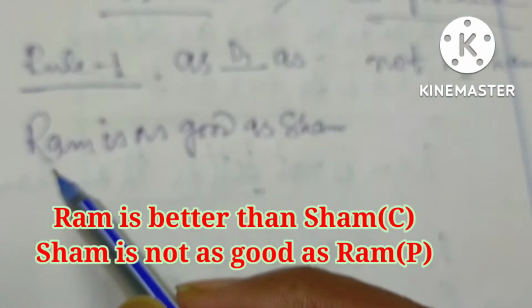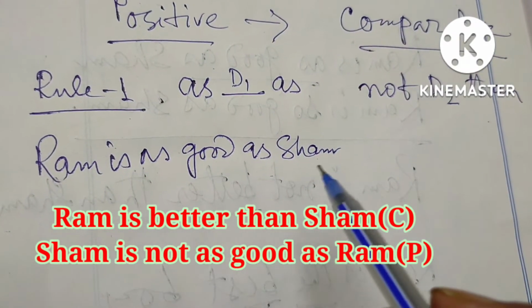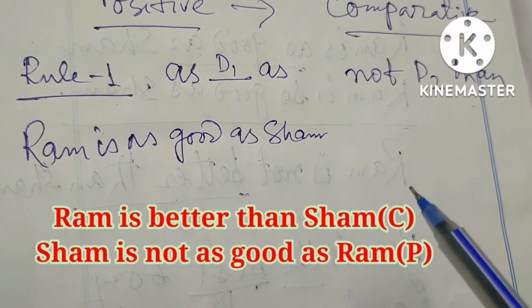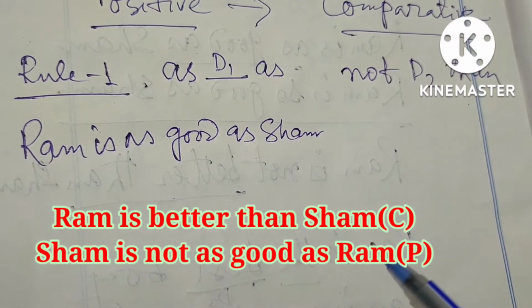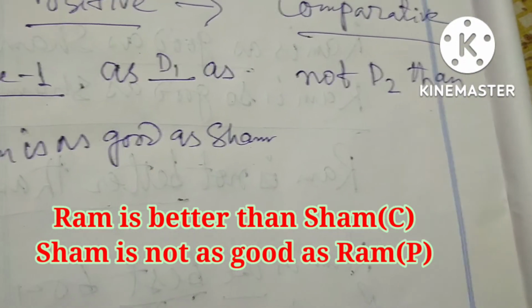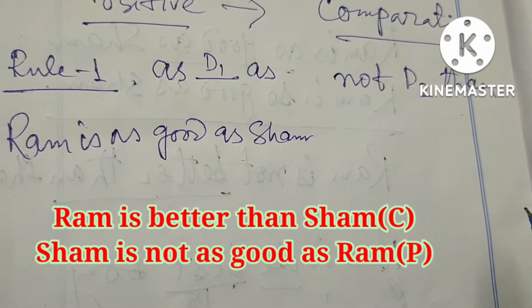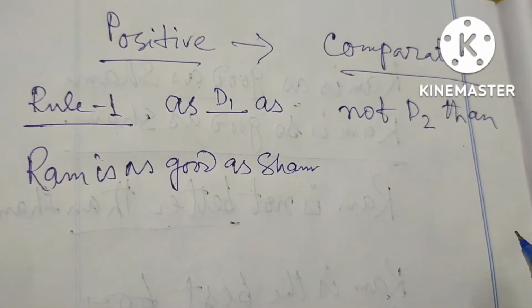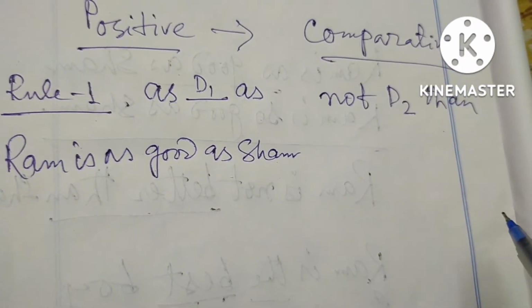Then how do we change this sentence to comparative? We cannot say Ram is better than Sam, because this is not the rule. We cannot change the meaning of the sentence in the comparative form.